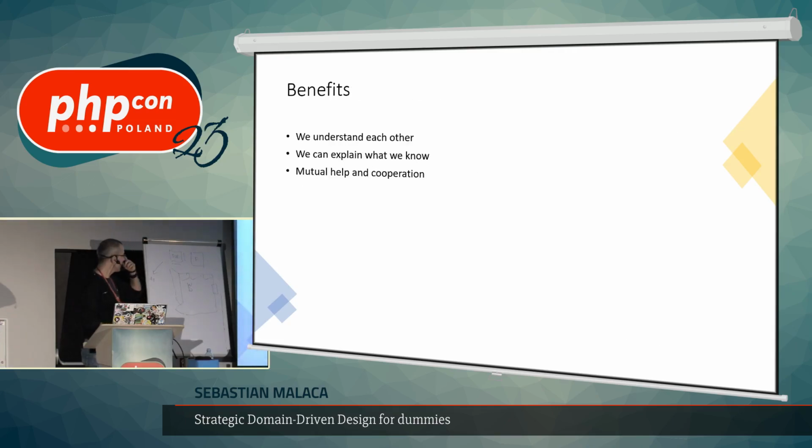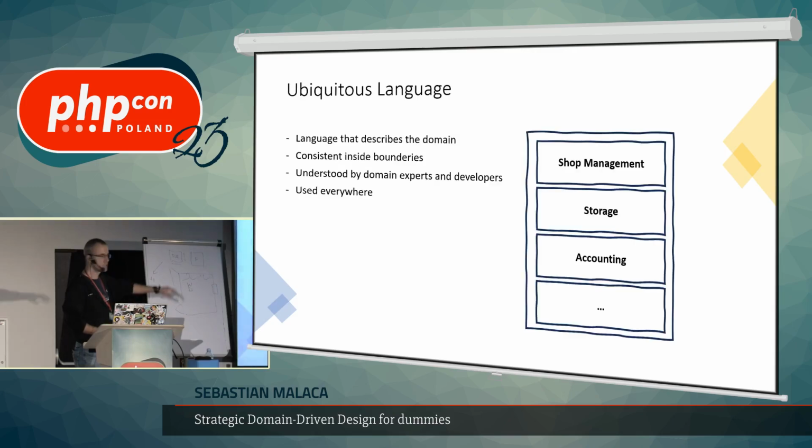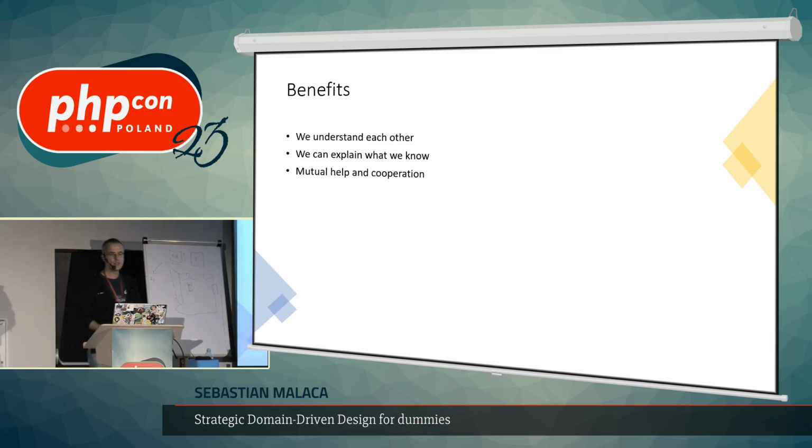What are the benefits of using ubiquitous language? And here we are not talking even about the code. It's not even about mapping that into microservices. But this is a really cool DDD strategical pattern. Thanks to that, you understand each other because there are no words that are outside of my mental model. We can explain what we know. If I'm using the domain expert language, they understand what I'm telling them.